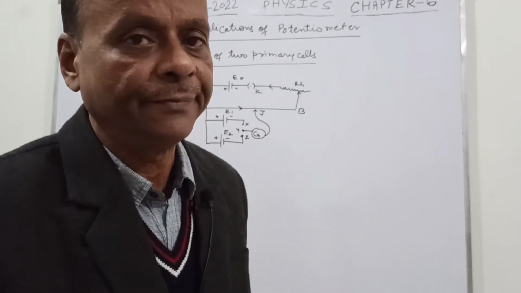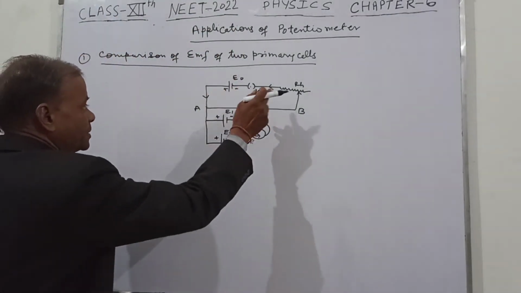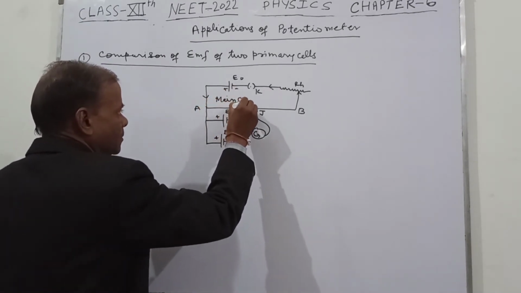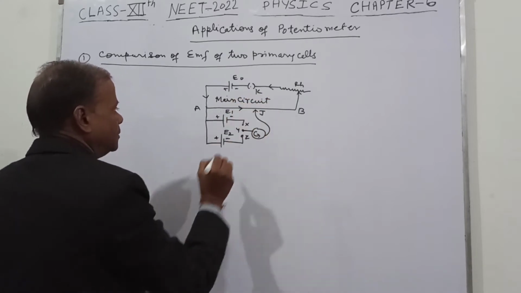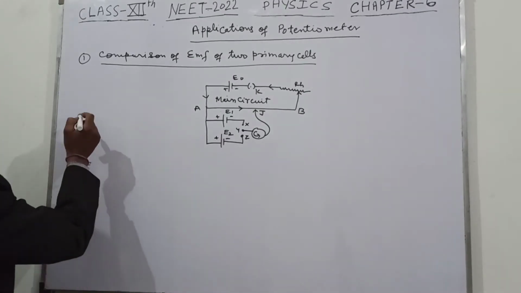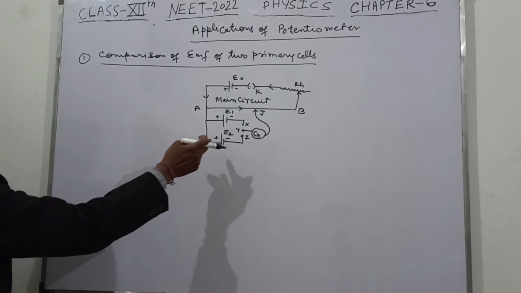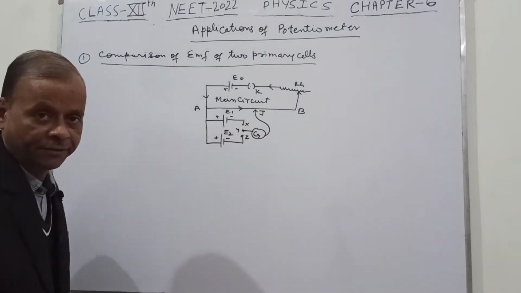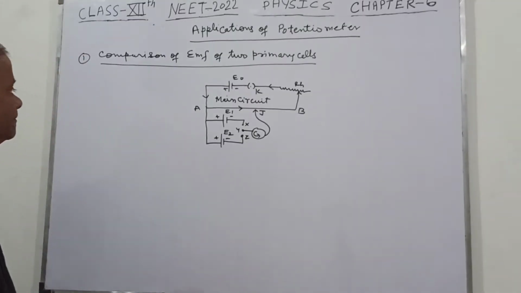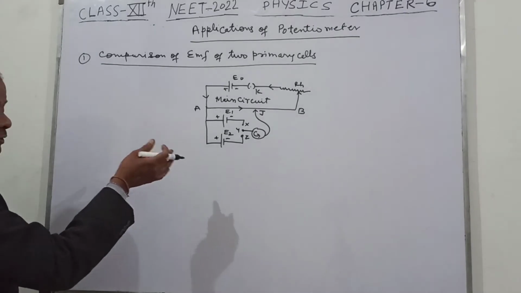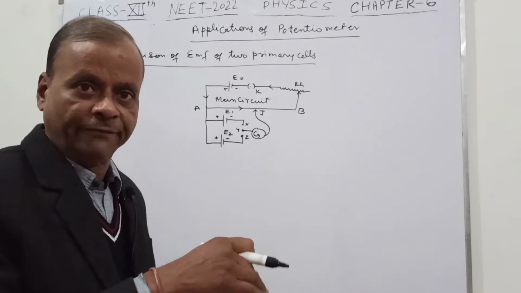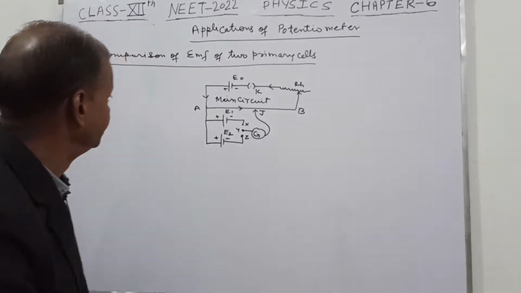There is no change in the main circuit. So this is the main circuit. This is the auxiliary circuit. Now this X, Y, Z, this is a two-way key. This is one method of measuring the comparison of the EMF. I will tell you one more method for comparison of EMF of the two cells.